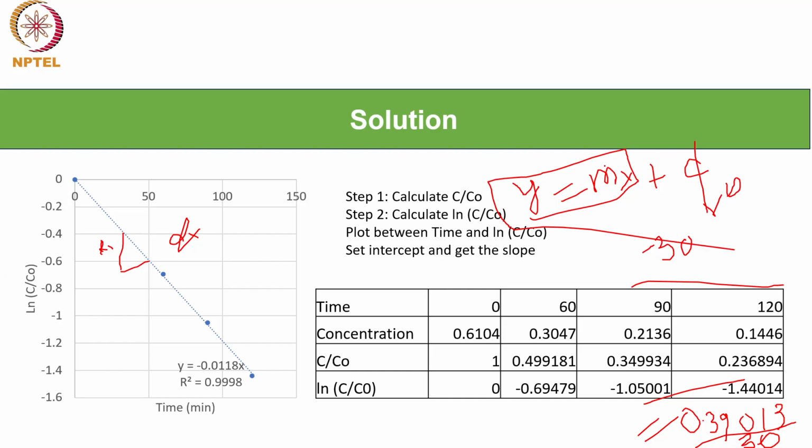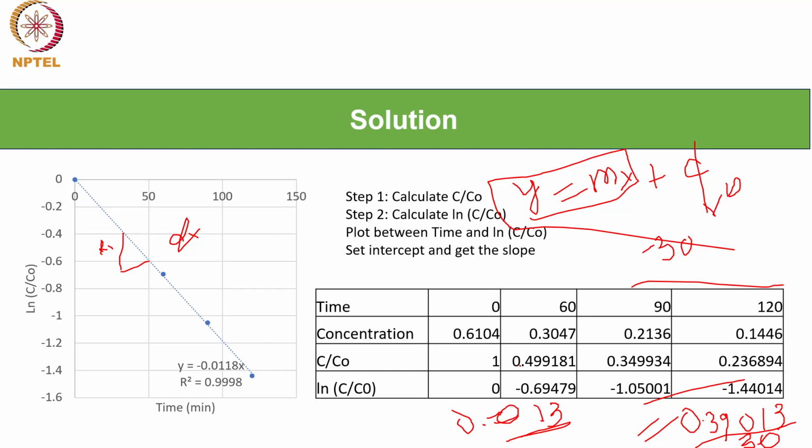This is how you calculate the slope manually. You will get approximately 0.013. If we do it more accurately in Excel, you will get 0.0118. This is fine because we are doing manual calculation. In Excel you will get exactly 0.0119 or 0.0118, something like that.